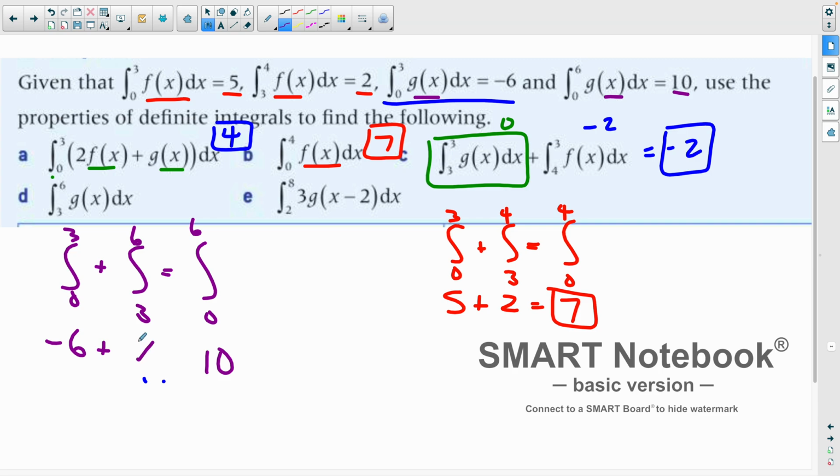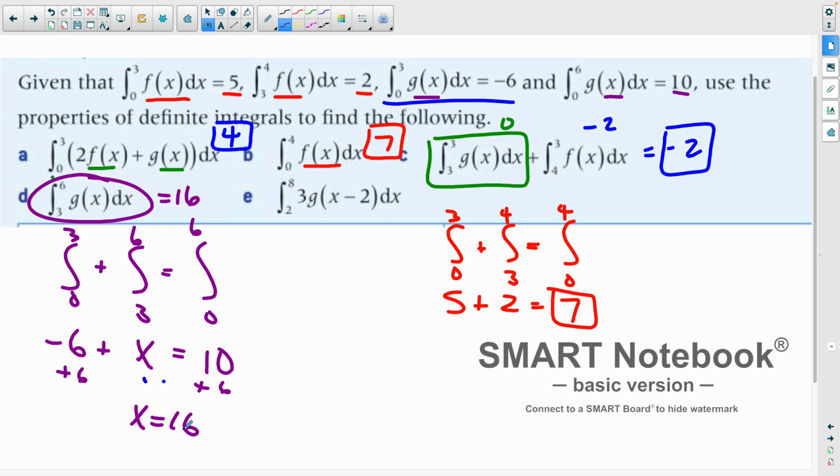So the one that I don't know in this case is this one right there, and that's what it's asking for. If I simplified it into that equation, how would you solve that? Just add the 6. So this right here, that area is 16. Everybody okay with that?